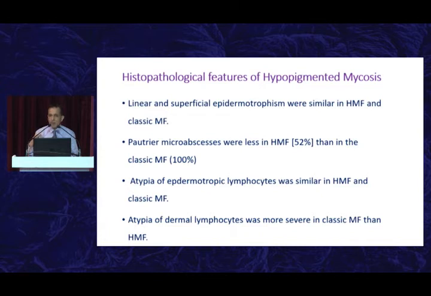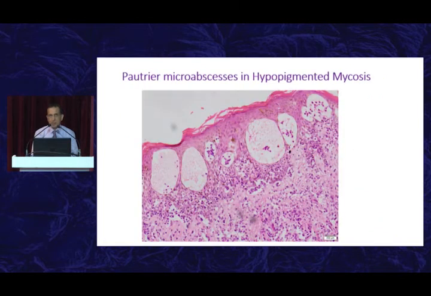But the degree of atypia in the epidermis was similar in both forms. But atypia of the dermal infiltrate was more in the classic form than in the hypopigmented form. Okay? And this is an example of huge Pautrier microabscesses.